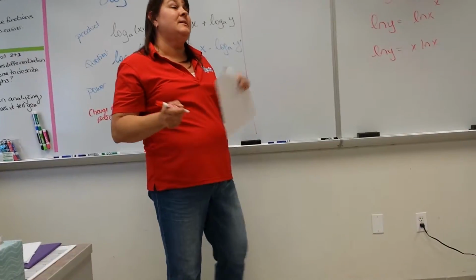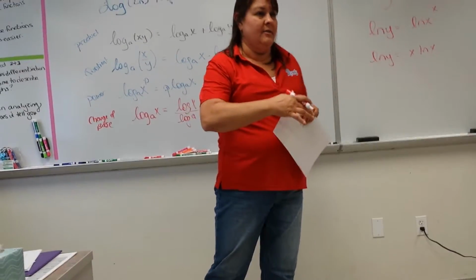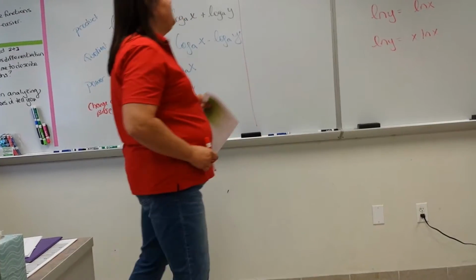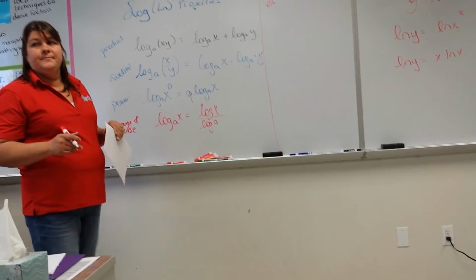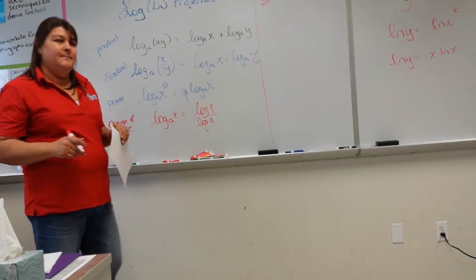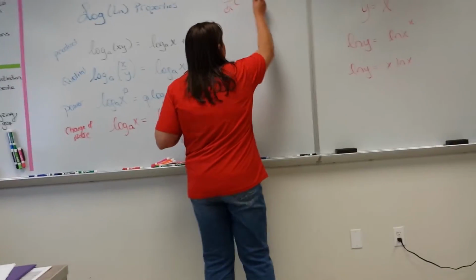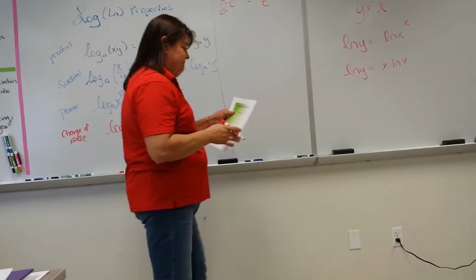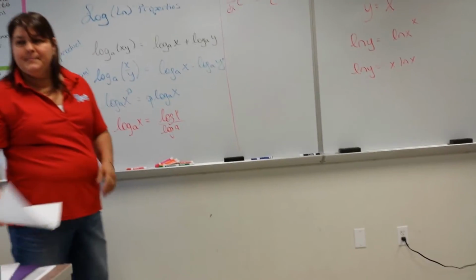Why e? Because it's the base of natural logs, so they come interchangeably. The derivative of e to the x is going to blow your mind: e to the x.